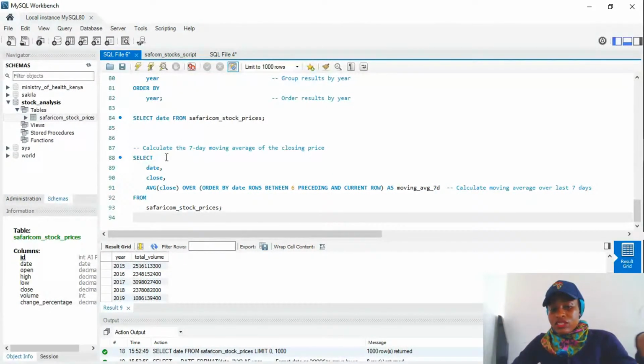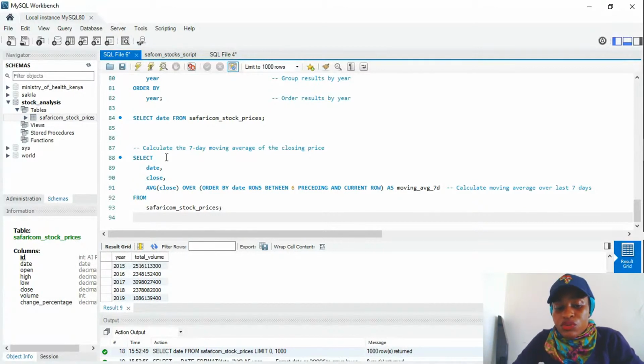So in calculating the 7-day moving average of the closing price, as I had explained earlier, the moving average is simply, we are simply calculating averages in a particular day by averaging a select number of days before it. So it could be, here we're using 7-day moving average, but it could be 50 days, 200 days.